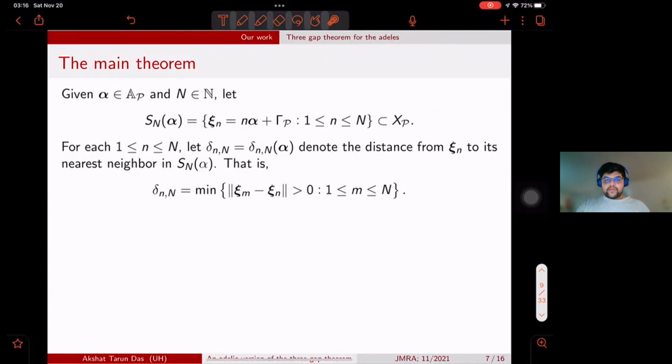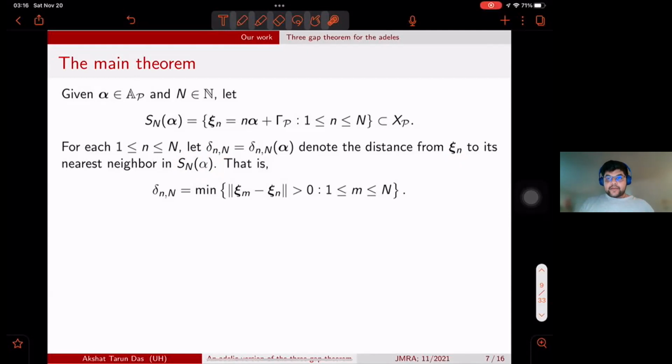delta_n(alpha), which denotes the distance of xi_n from its nearest neighbor in the set S_N(alpha). So we consider all the other elements of S_N(alpha) and then see which of the ones is closest to xi_n, and that gives us delta_n. Here, I would like to point out a small technical difference.